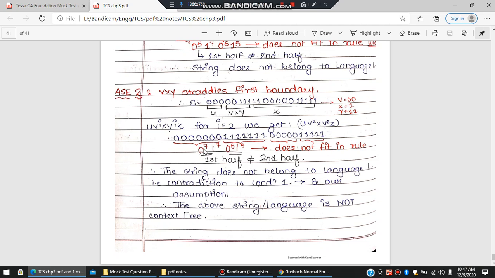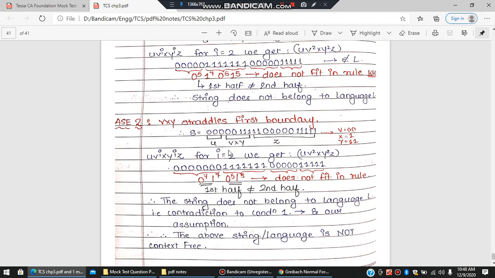So again in that case if you see, 0 raised to 7 and 1 raised to 7, ye dono same aa raha hai, lekin next half mein 0 is 5 and 1 is also 5 which is not allowed, kyunki jitna number of zeros and ones first half mein aata hai utna hi number of zeros and ones second half mein bhi aana chahiye. Hence we say that the string does not belong to the given grammar and it is also a contradiction to our assumption because it is not satisfying any rule. We say that the string cannot be found, which means it is not in the context-free language.